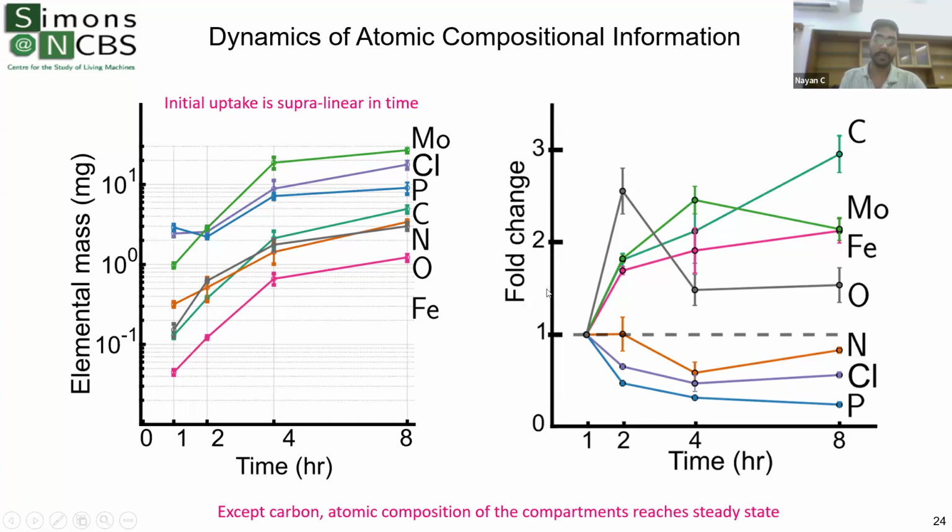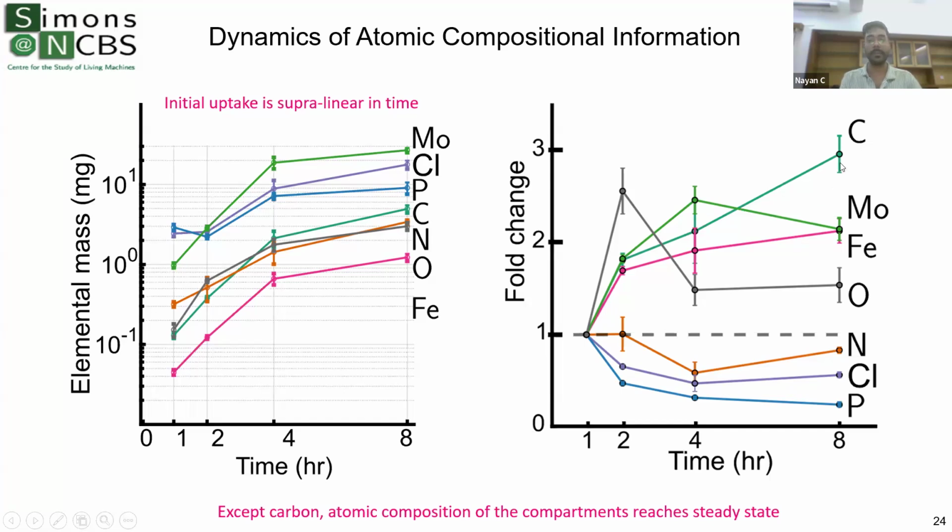And when you plot the fold change of each element in terms of its composition as a function of time, we do see most of them except carbon reach a steady state after around 4 hours in the microspheres.